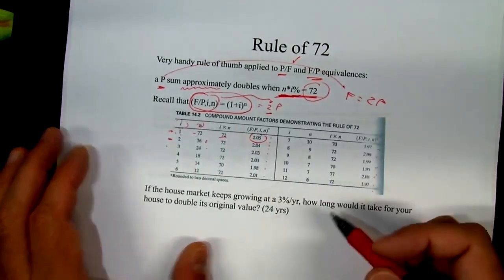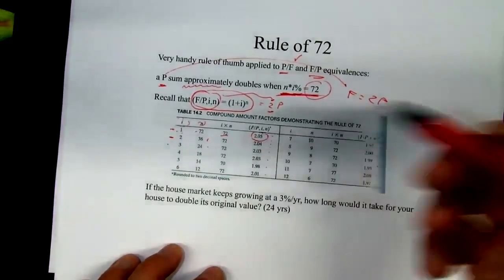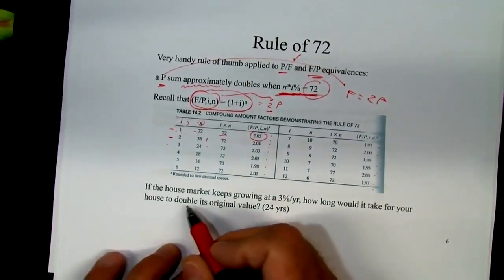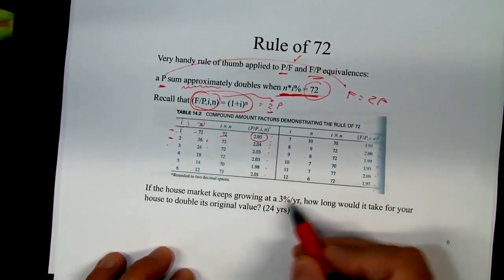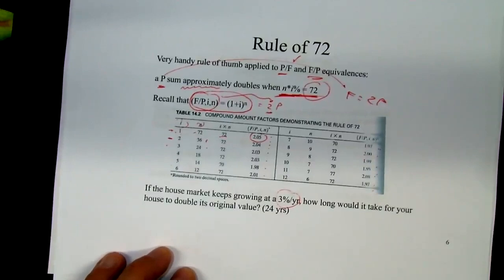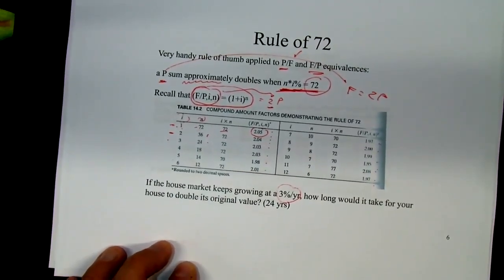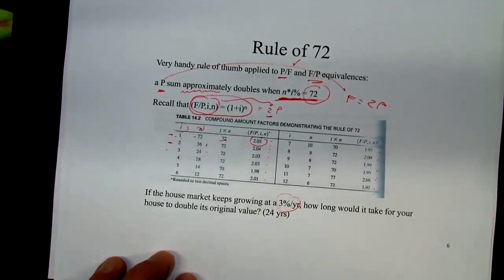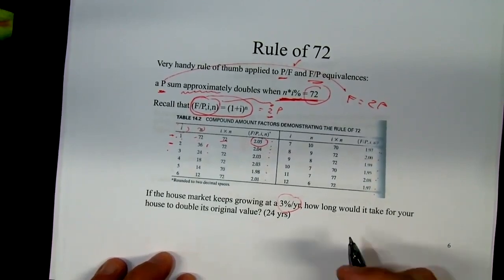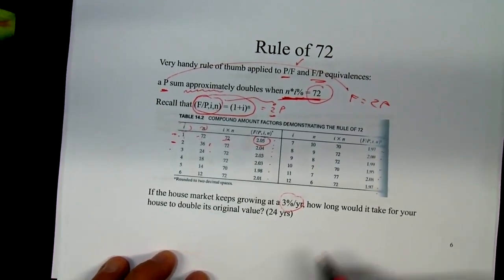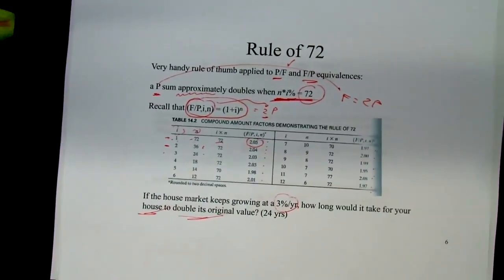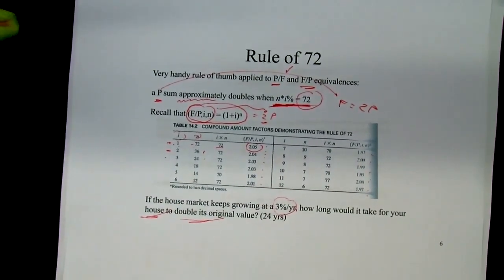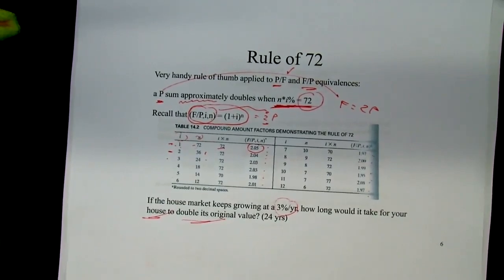To give you a practical example, right here, well, I also have the answer here, but whatever. So imagine the house market keeps growing approximately at 3% per year. That's an assumption. So your interest in that particular transaction is about 3% per year. How long would it take for your own house to double its original value? You can use the rule of 72 to make that calculation.